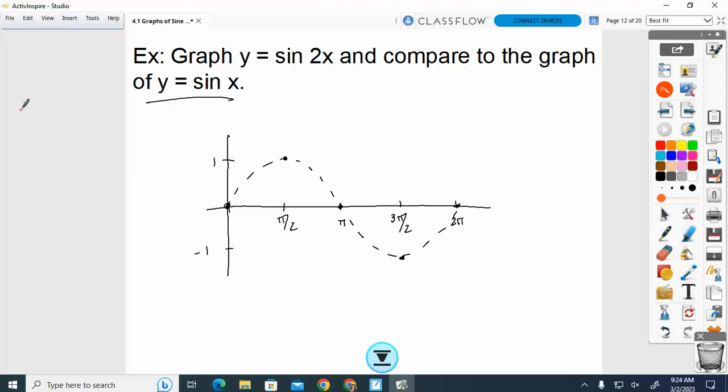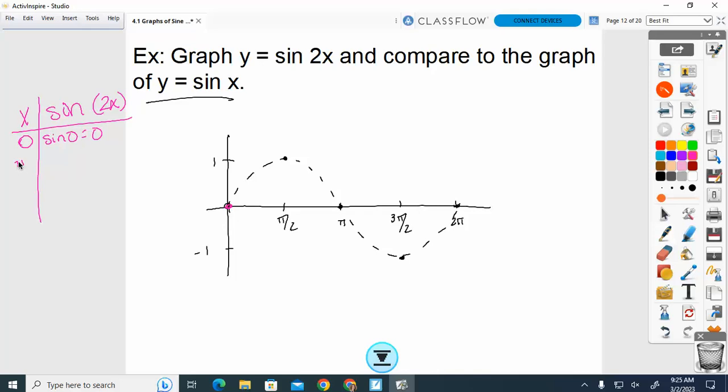I want the sine of 2x. If I put in 0, 2 times 0 is 0, so we get the sine of 0, which is 0. So we're still getting that point.